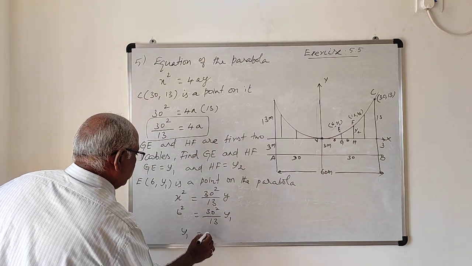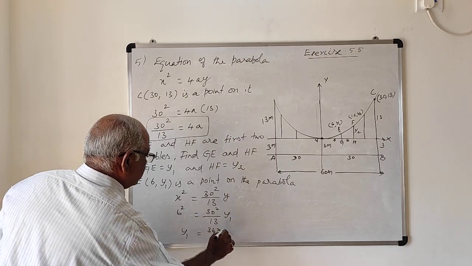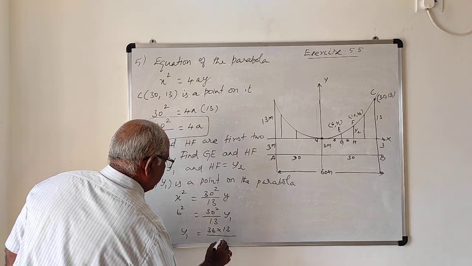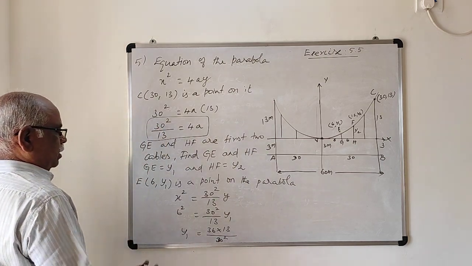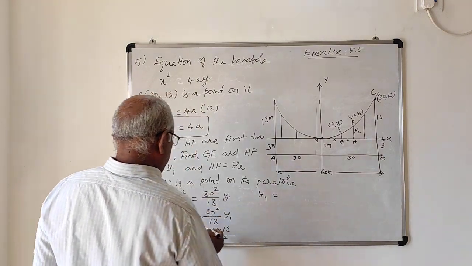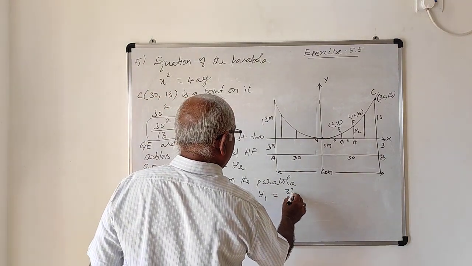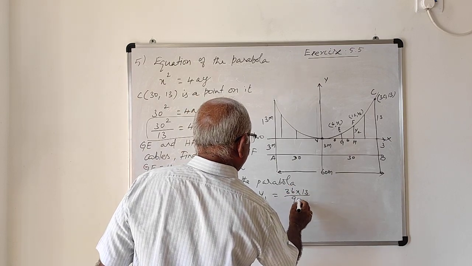What is y1? y1 equals 6 squared, which is 36, into 13 by 30 squared, which is 900.